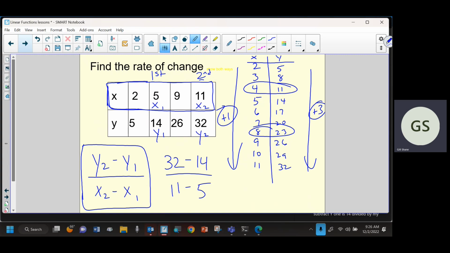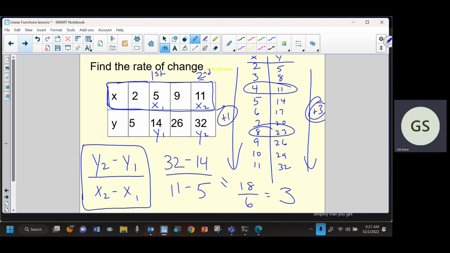And then my x1 is 5. Now you just do the math. 32 subtract 14 would be 18. 18 divided by 11 subtract 5 is 6. If you simplify that, you get 3, which we already figured out earlier is the rate of change.